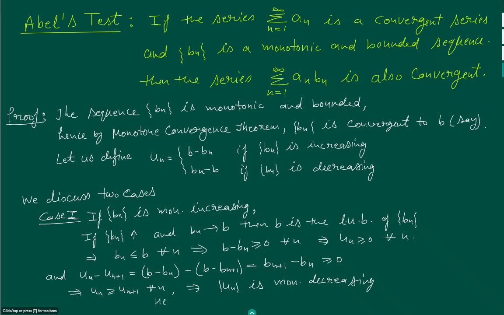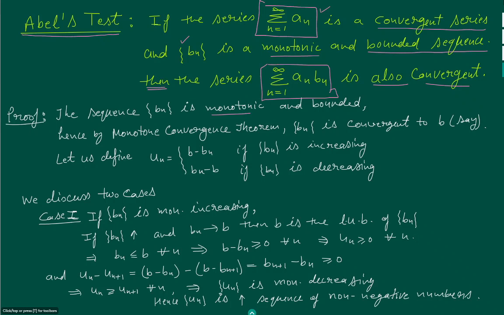We should write non-increasing here. Un plus 1 is less than or equal to Un, so Un is non-increasing, or you can say Un is decreasing.